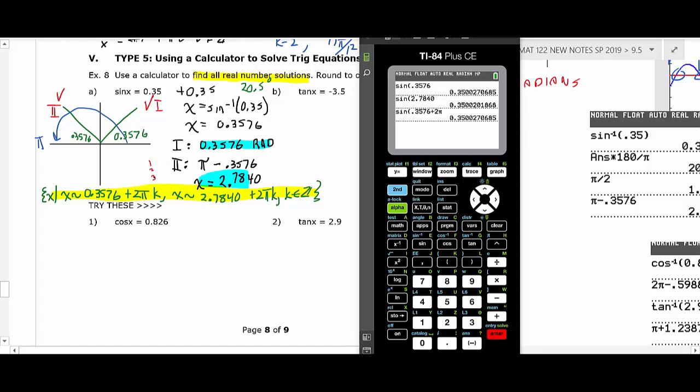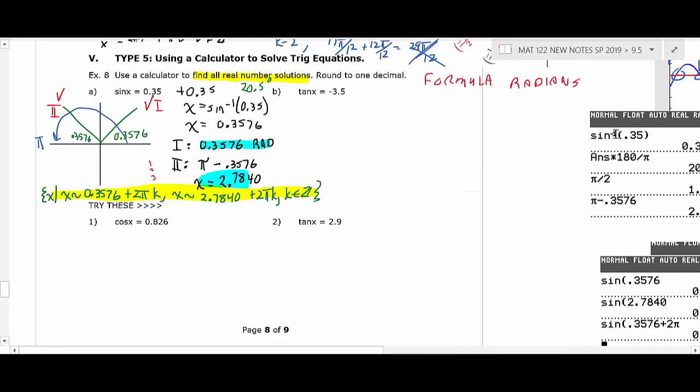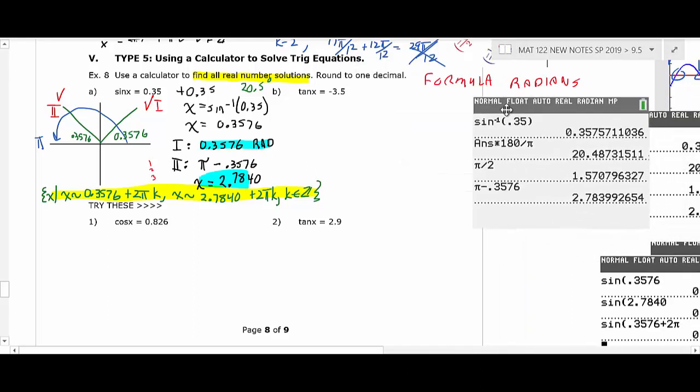So you'd have 1 times 2 pi, 2 times 2 pi, 3 times 2 pi, and so forth. So you would just get the same answer over and over again. So you can easily verify that you have the right answer on these problems by just doing some simple calculations.